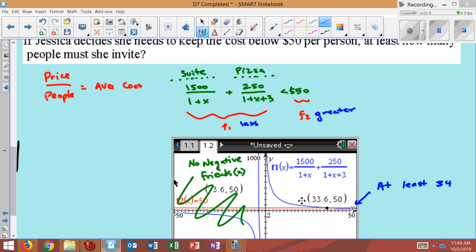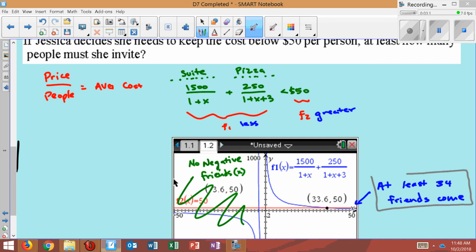You can't have 33.6 friends. At least 34 friends come. I know it says invite, but you need to have at least 34 show up and pay to have the cost below $50. So that would be the point when the cost is below 50.